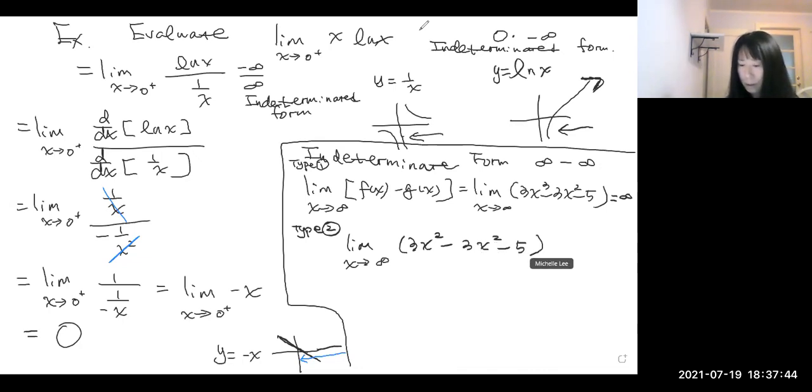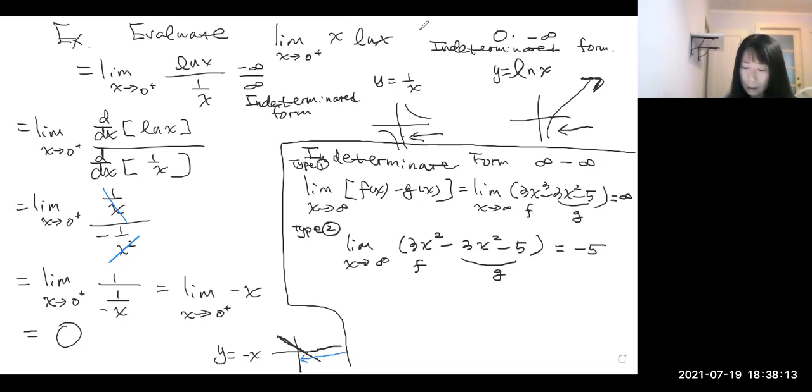Okay, so this is f, this is g. But then look, it's a 5, isn't it? Negative 5, right? We calculate before we apply the limit.